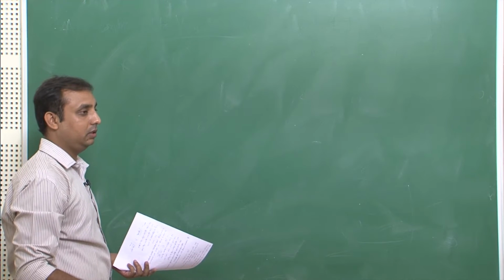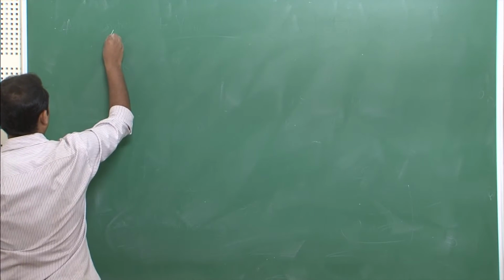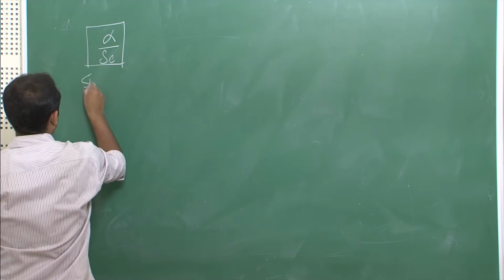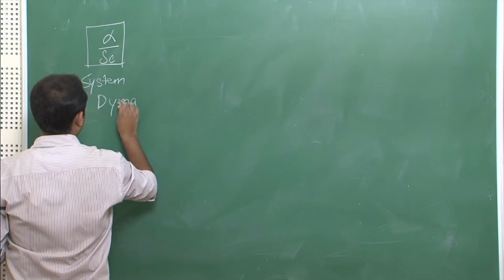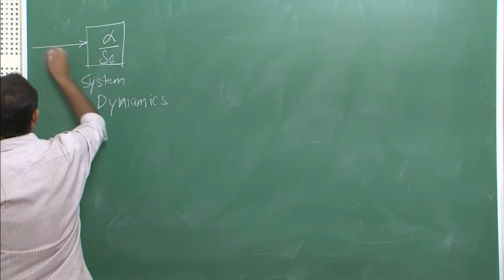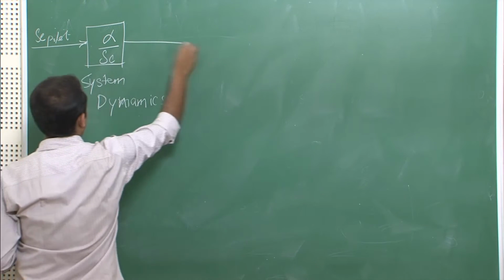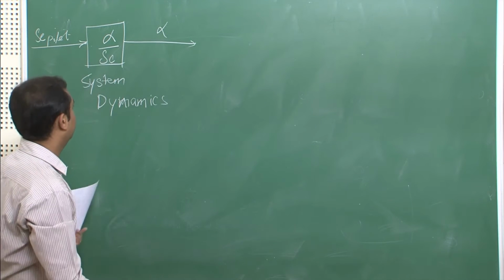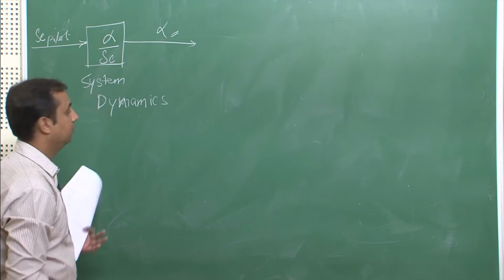Your change of angle with respect to elevator deflection is given by the transfer function alpha upon delta E. This represents my system dynamics. Your input is delta E, which is given by the pilot, and your output is angle of attack. This is an open loop system which directly gives angle of attack when an elevator input is given.